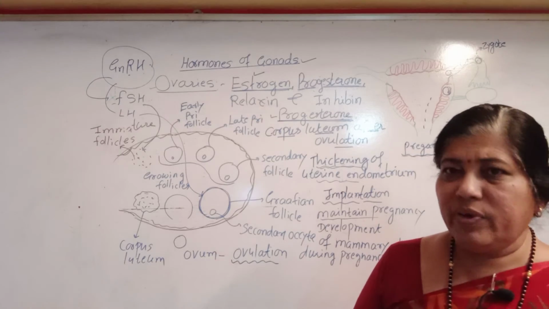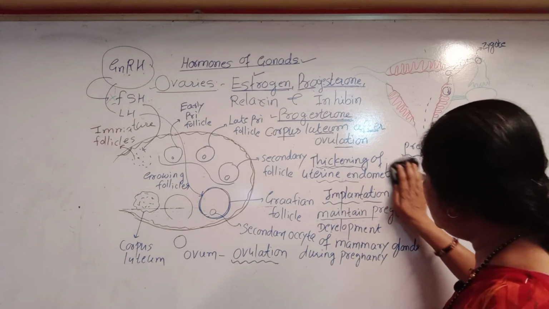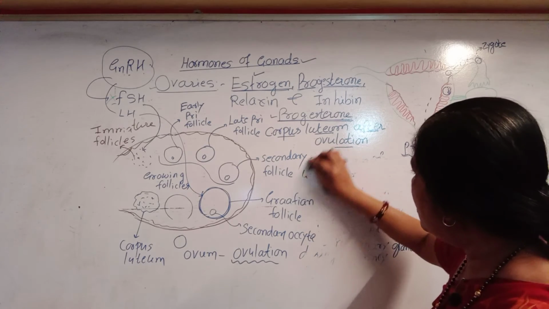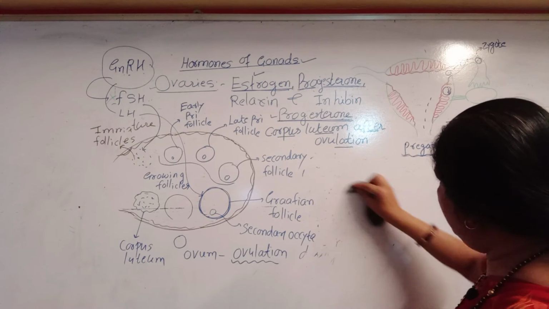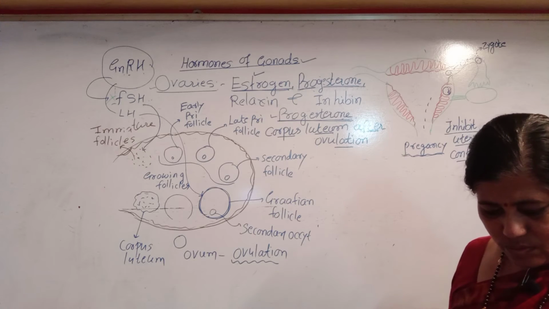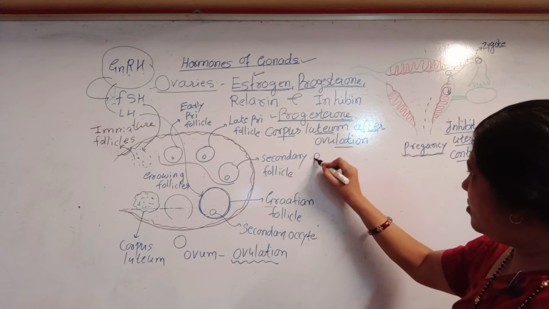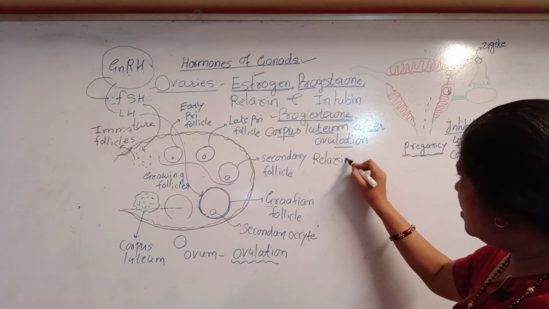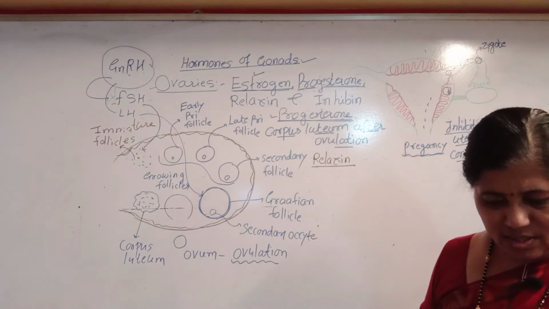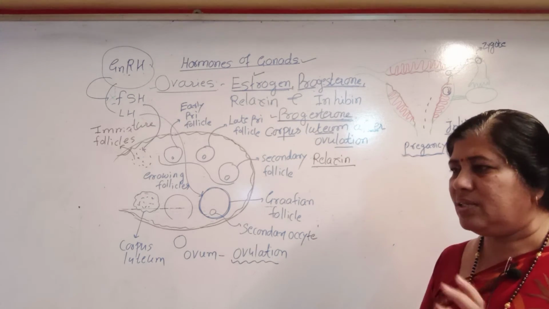Then the next hormone secreted by the ovary is the relaxin hormone. When the gestation period is over, gestation period means just the pregnancy period.